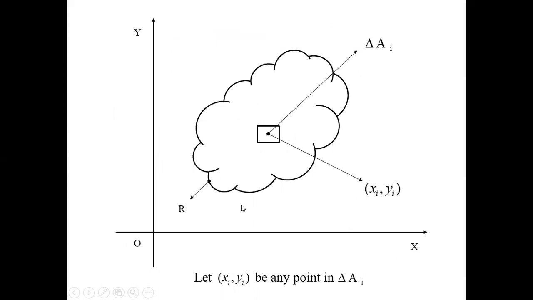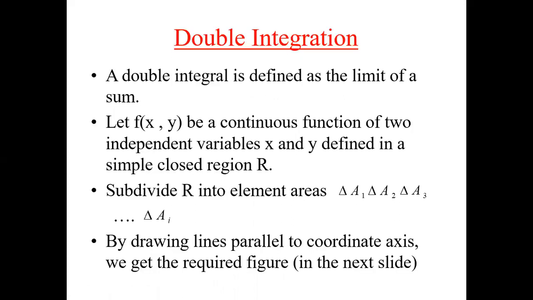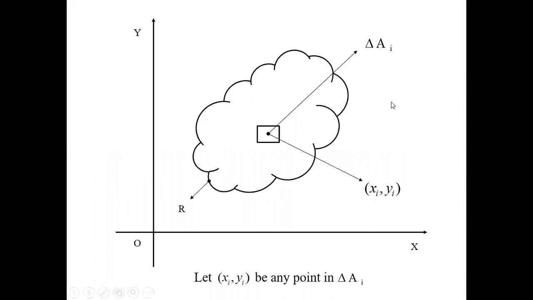By drawing lines parallel to the coordinate axes, we get the required figure. So this is the figure. This is a function of x and y. Then this becomes a simple closed region R, and this is an elemental area delta Ai.